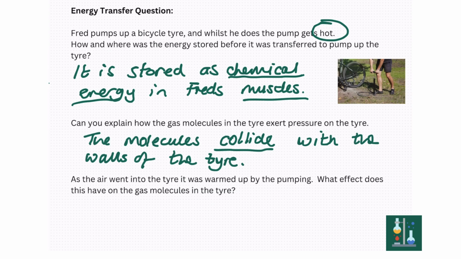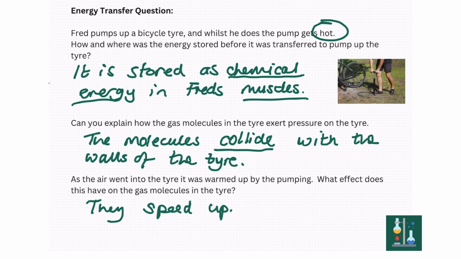Now, we should be able to recall and remember that when we have an increase in temperature, we are giving molecules more energy. Okay, so if we are giving them more energy, the effect it has is they speed up.